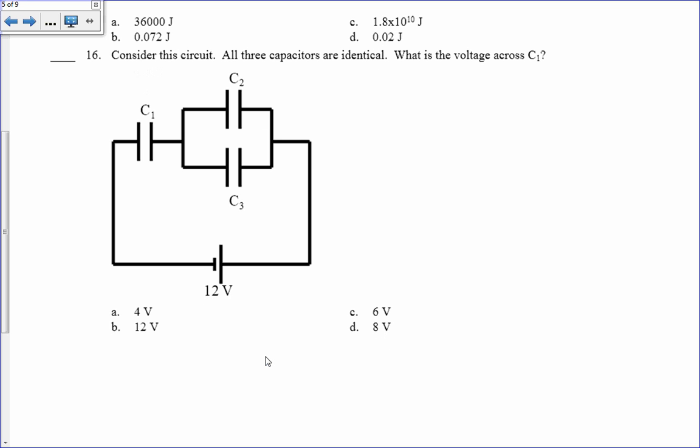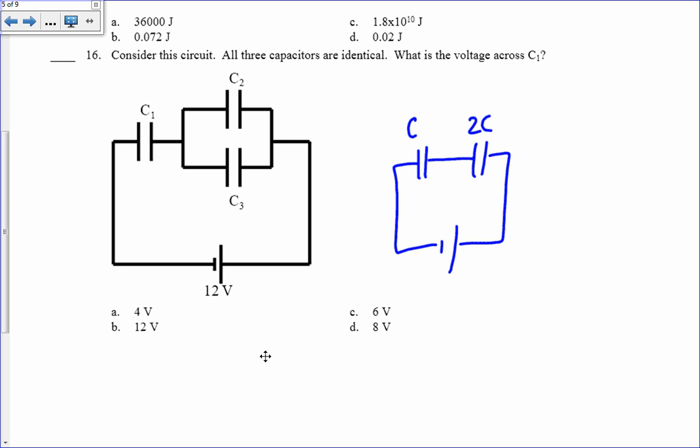So the circuit, all the capacitors are identical. What is the voltage across C1? So I can redraw this. I have C1, and then I have 2C. Because they're identical, I just add these two to get a capacitor of 2C. I have 12 volts. All right, we had a problem like this in class. So I have a capacitor and then a capacitor that's twice that value. So that means that one of them is going to have 8 volts, and one of them has to be 4 volts.